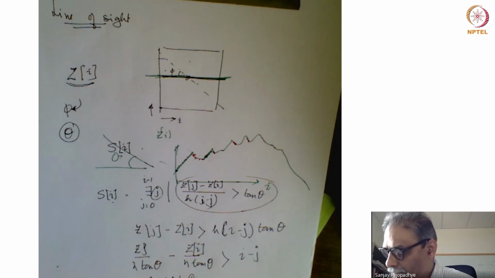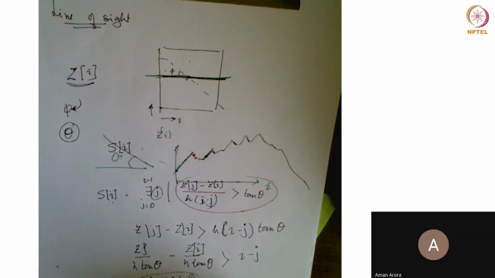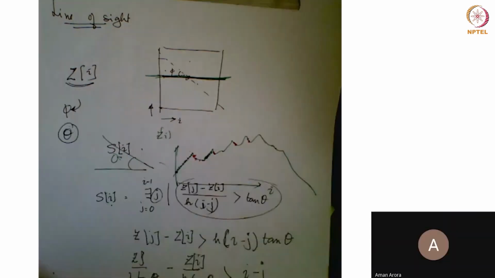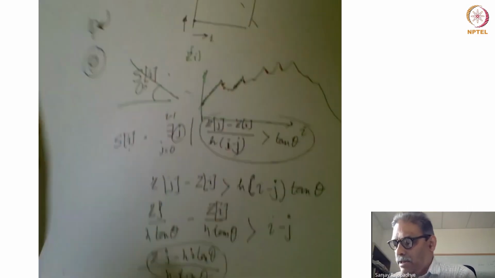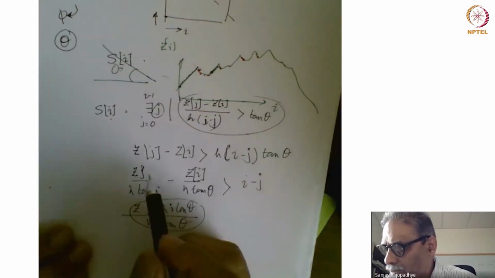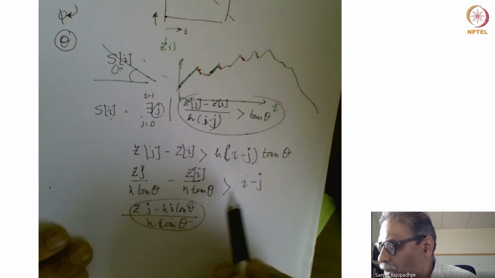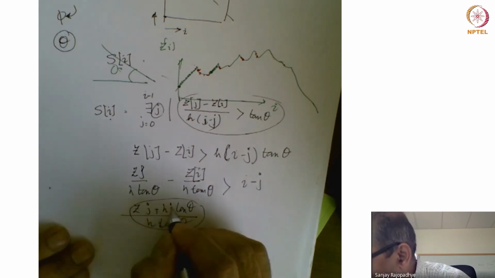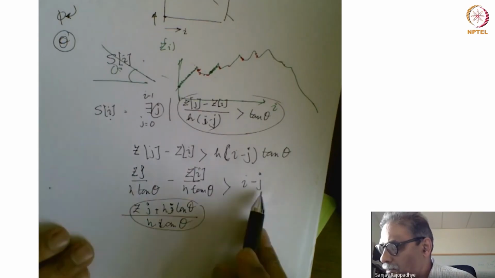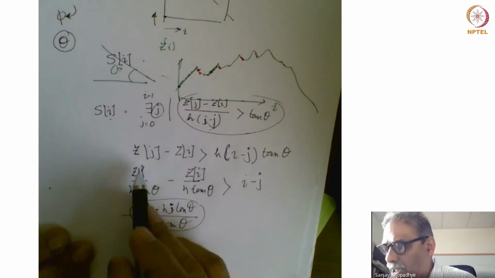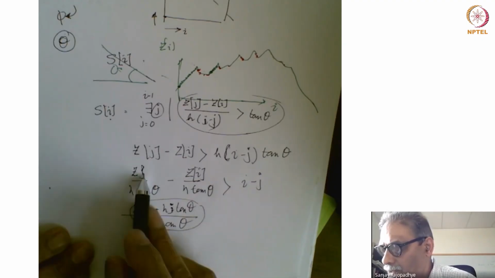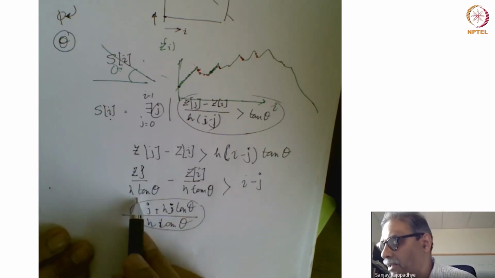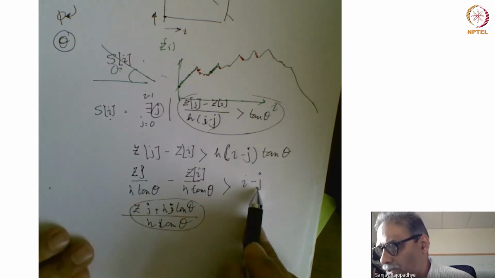We can't see the last line, it's not in the range of the camera. All I'm doing is basic algebra, right? I'm taking all the j terms, plus hj divided by h tan theta, and I'm just writing it as one formula.